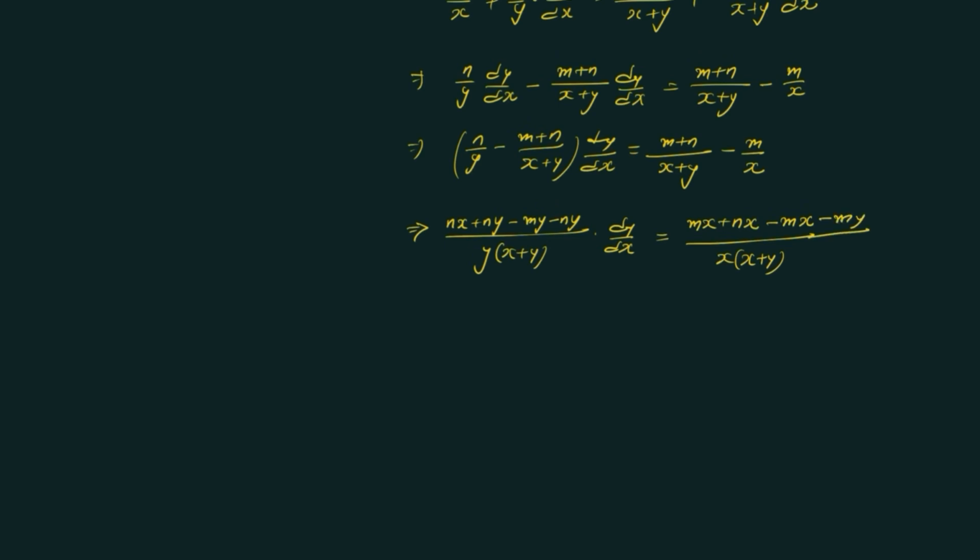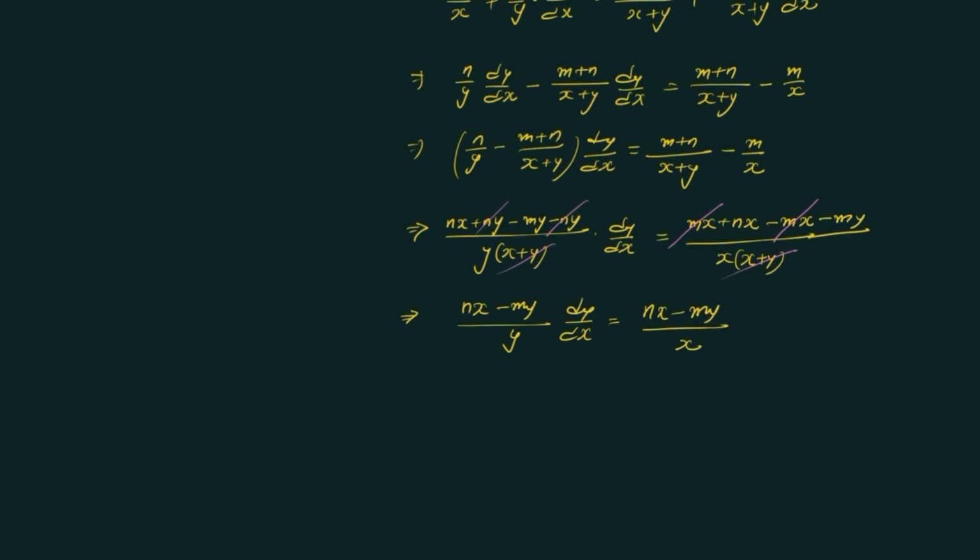So here minus mx plus mx is 0, minus ny plus ny will be 0, and x plus y also gets 0. That means it will be nx minus my by y dy over dx equals to nx minus my by x.